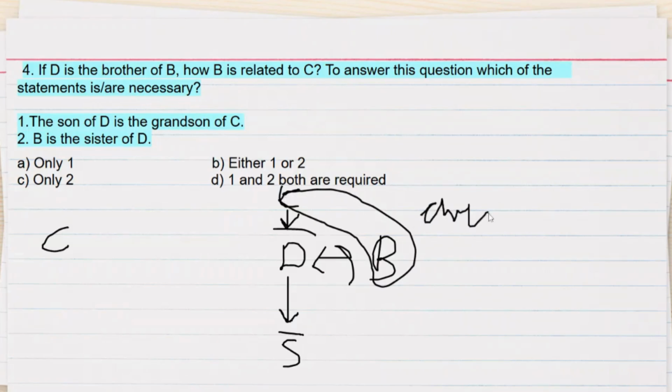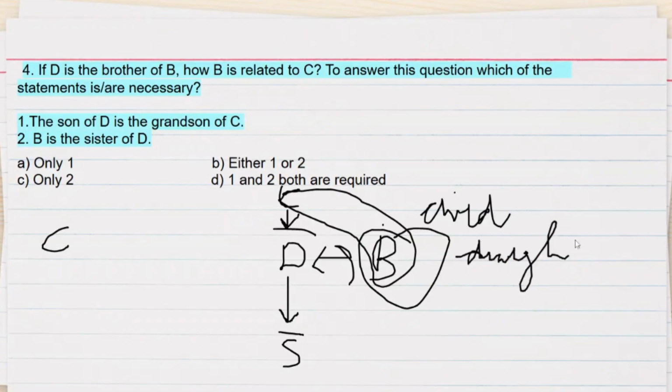But in order to know whether B is daughter or son of C, we obviously see the second statement. In the second statement, it is written B is the sister of D. So B is a girl. So B becomes the daughter, right?